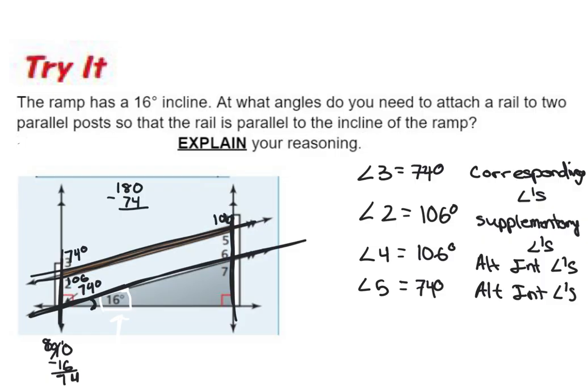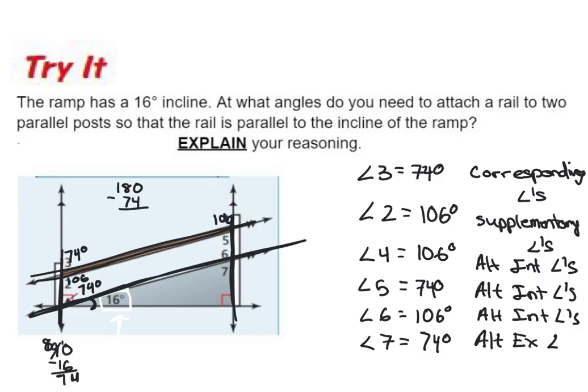So we now know angles 2, 3, 4, 5. We just need 6 and 7. Angle 6, we know angle 6 is going to be 106 because of alternating interior angles. And we know 7 is going to be 74 degrees because of alternating exterior angles.